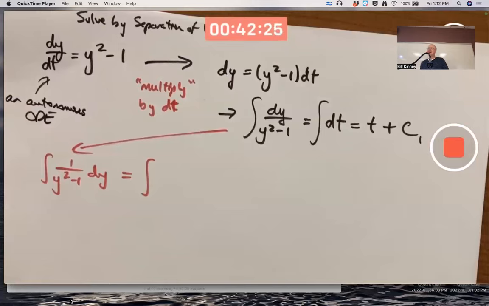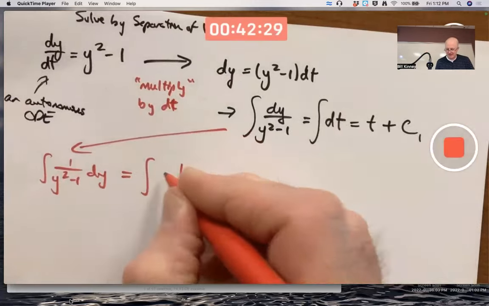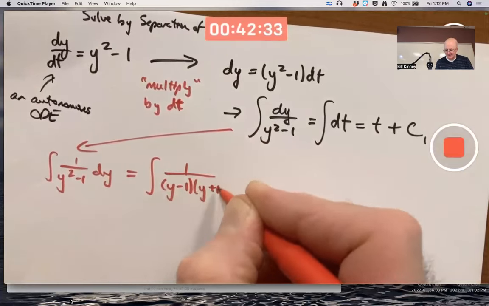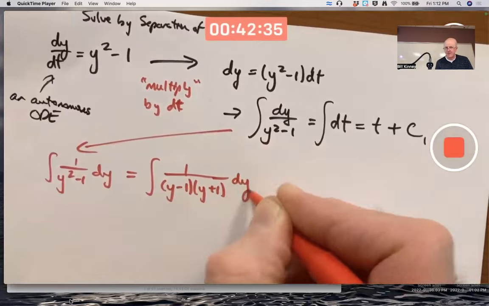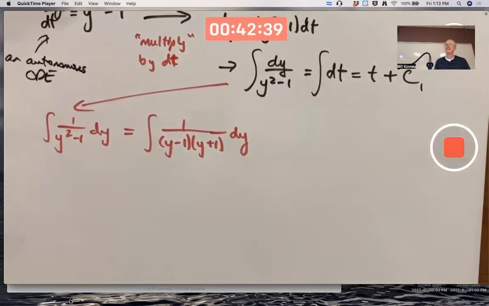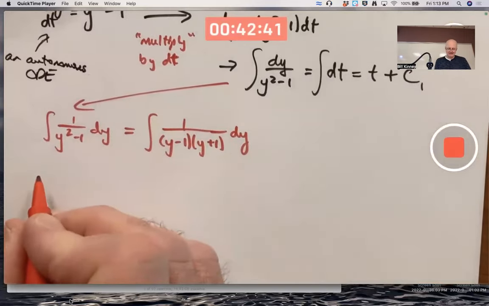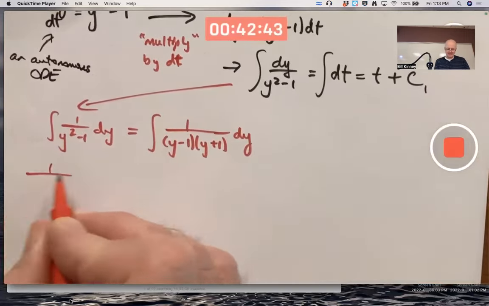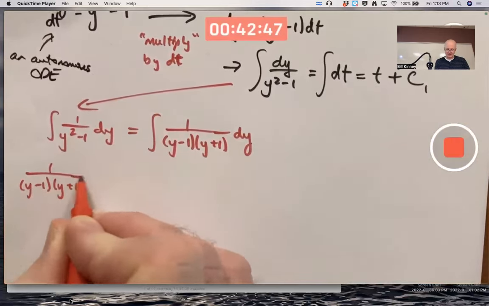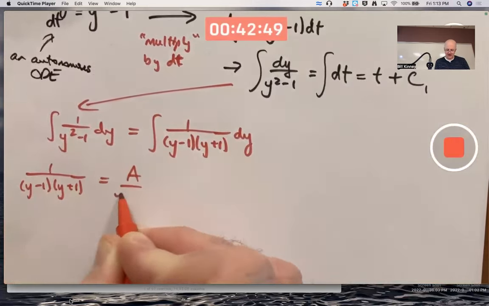They actually did, though typically the bottom was factored. Is that enough of a hint for you? What technique should I use? I think I'd prefer something else. Partial fractions. Oh, partial fractions.